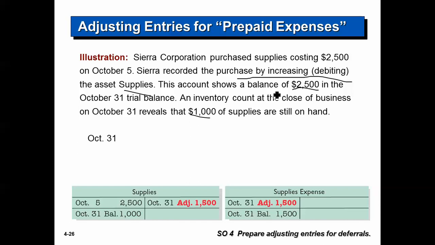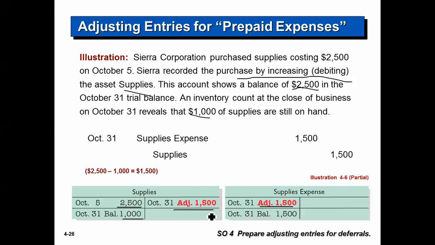So obviously, we've used up $1,500 supplies during the month of October. At the end of October, it shows we have $2,500 in supplies. We don't. We actually only have $1,000. So we make the adjusting entry. We debit the expense, $1,500, and we credit the asset, reduce the asset.